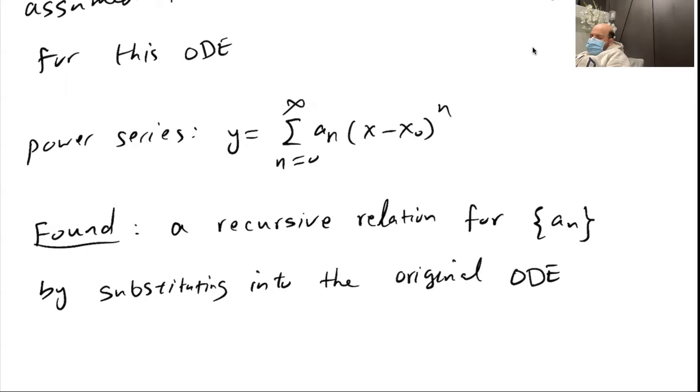And then we can find all an in terms of a0 and a1. For example, in this case of a second order ODE, we need two arbitrary constants. So those could be our a0 and a1, and then we can find all the remaining coefficients in terms of a0 and a1.